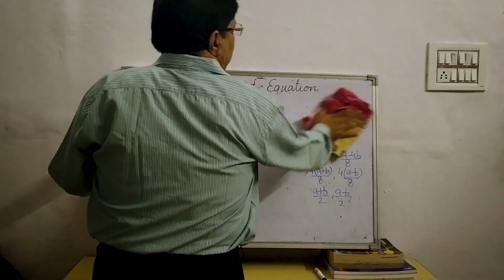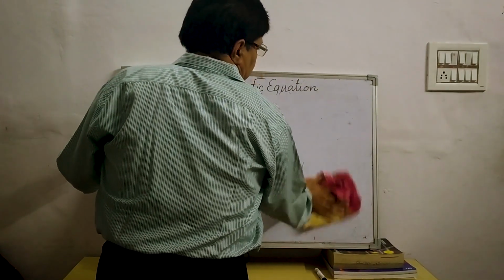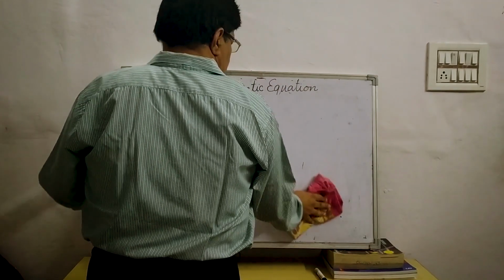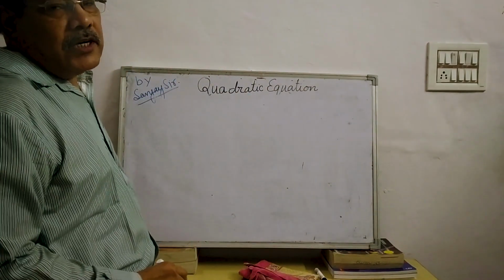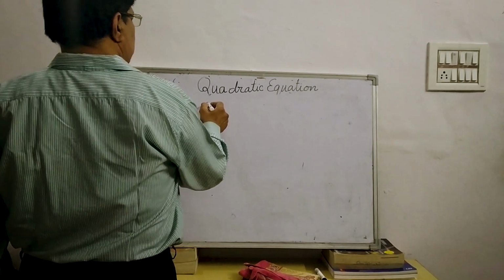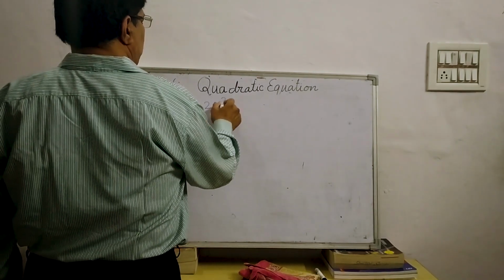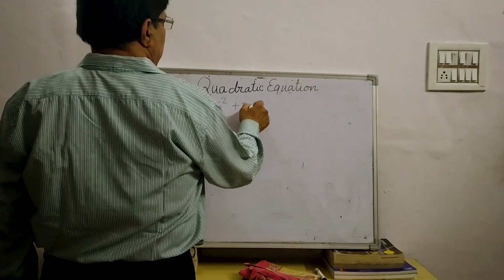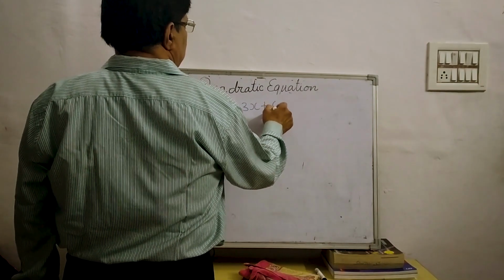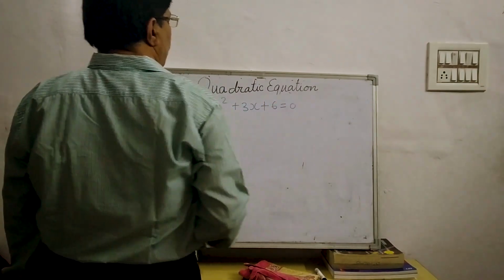Clear? Side by side, attempt the same questions of ICSE board which are coming. Let us suppose the equation is this: 2x square plus 3x plus 6 equal to 0. How will you solve it?